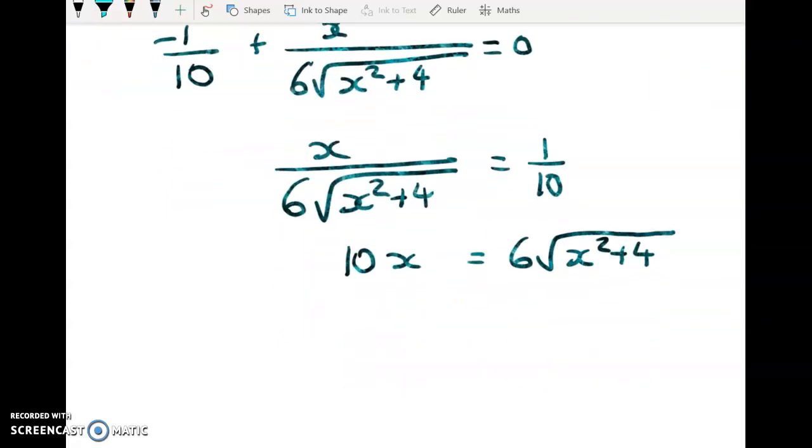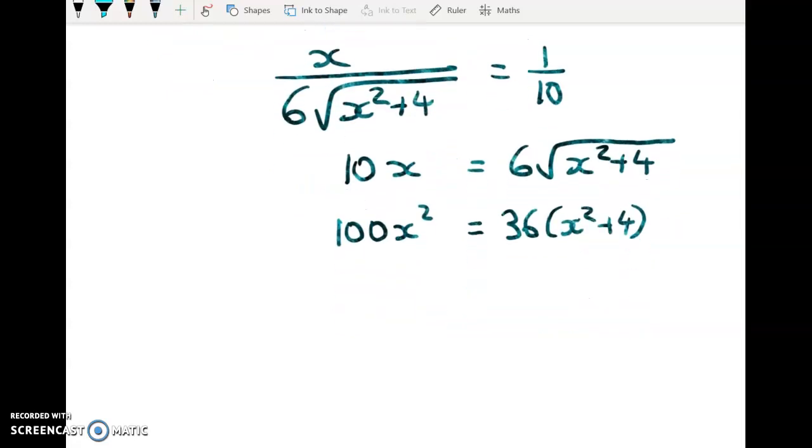And now you can see where we're heading is to some kind of a quadratic, but I need to square both sides. So squaring the left-hand side, I get 100x squared, and on the right-hand side, I get 36 times x squared plus 4. So it's a pretty easy quadratic. I've got 64x squared is equal to 2 times 72, 144.